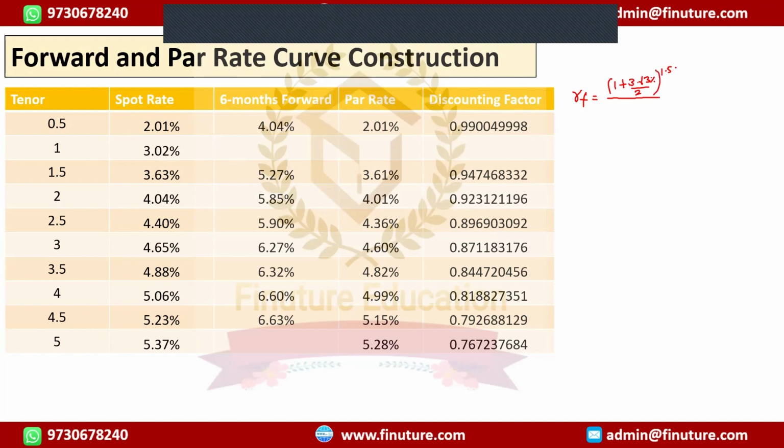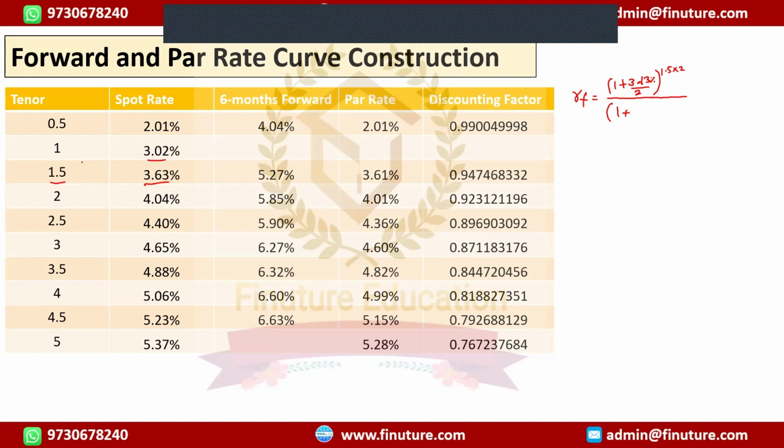This is your maturity, and the compounding frequency is 2. There would be in total 3 semi-annual periods till the 1.5 year maturity. In the denominator, you will have the 1 year details, like I use this and this.